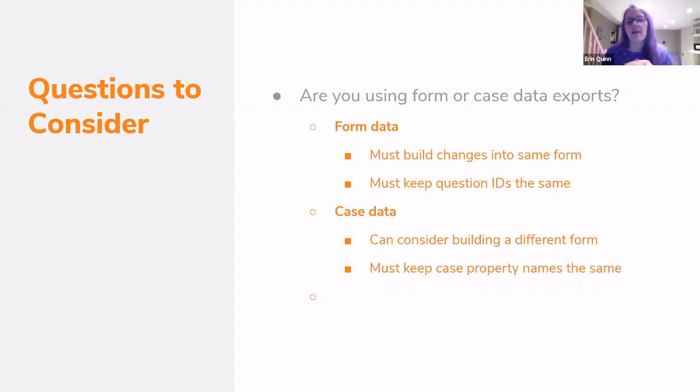And as long as I keep those case property names the same, then I could do that. So again, case data gives you a little more flexibility. You don't necessarily have to do all the tweaking within the same form. But again, we're not looking to massively change your data collection process. We're looking to fit whatever changes we're doing into how you already are using your data.